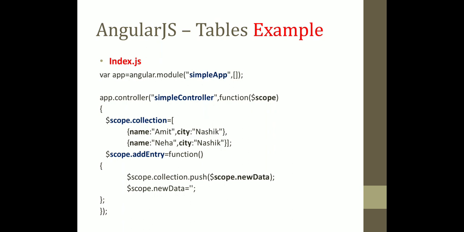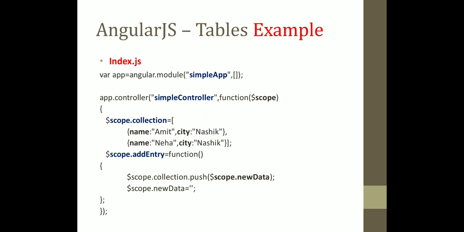Name Amit and Neha. So these two entries we have made with the expression. Sorry, in the second line of entry, like name Neha and city Nashik, the bracket is actually a curly bracket only. So please make that correction.